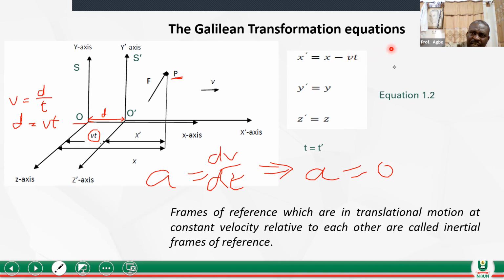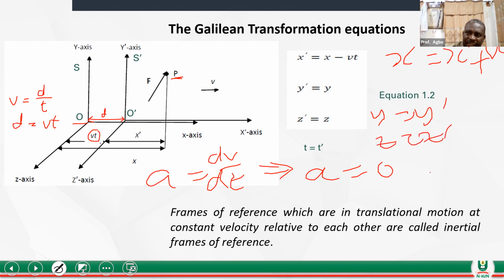So the inverse of the Galilean transformation will become: we make x the subject of the formula, x equal to x prime plus vt, y equal to y prime, z equal to z prime, and t equal to t prime.